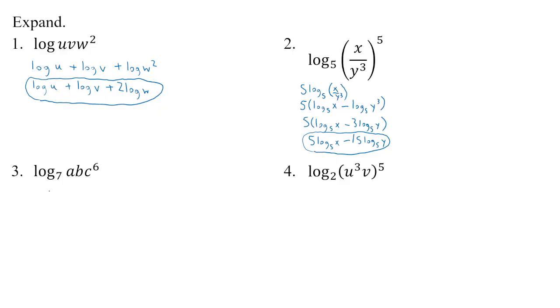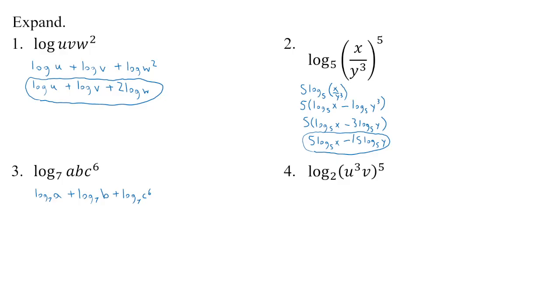All right, number 3, we have another log of a product. So we're going to write this as a sum of logs. So we got log base 7 of A plus log base 7 of B plus log base 7 of C to the 6th.